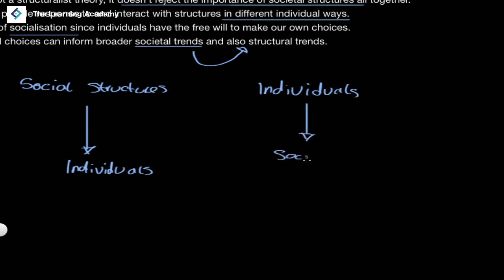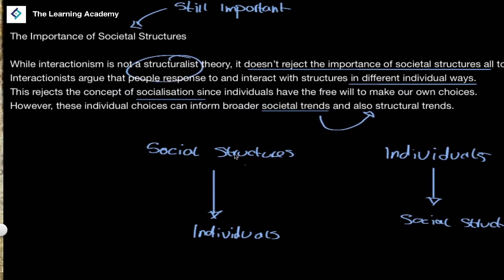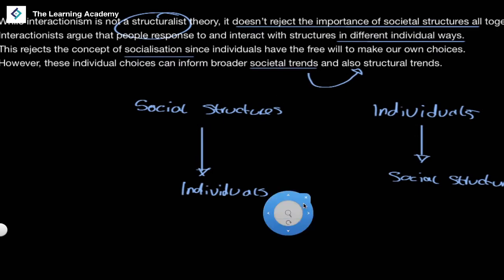So it's the other way around almost. Individuals inform the nature of social structures, rather than it being the other way around. And that's quite interesting. This is why we would say that it is not a structuralist theory. It's more of an individualist theory.